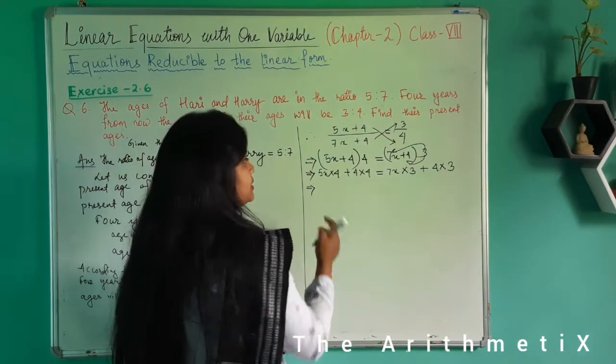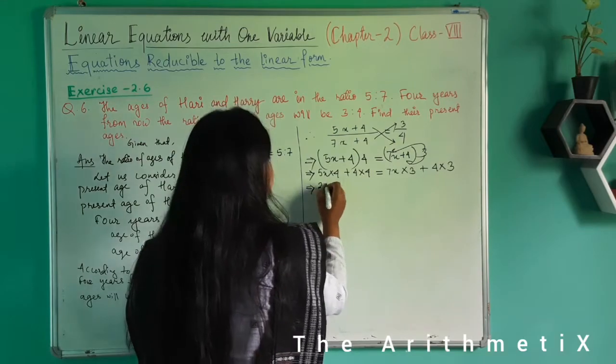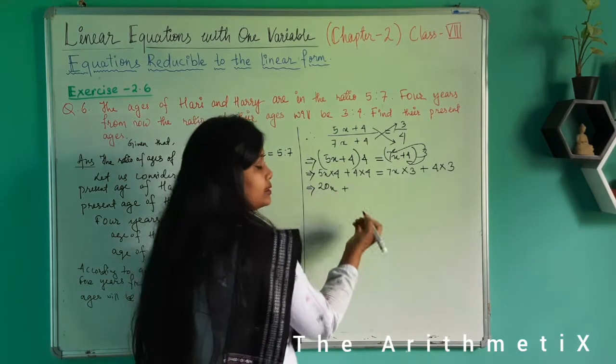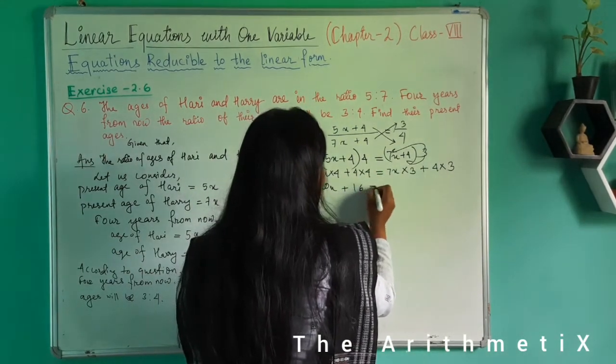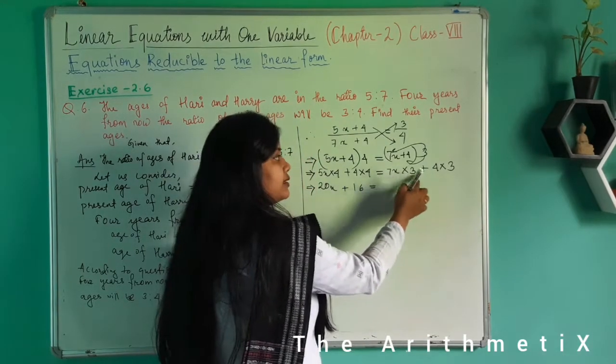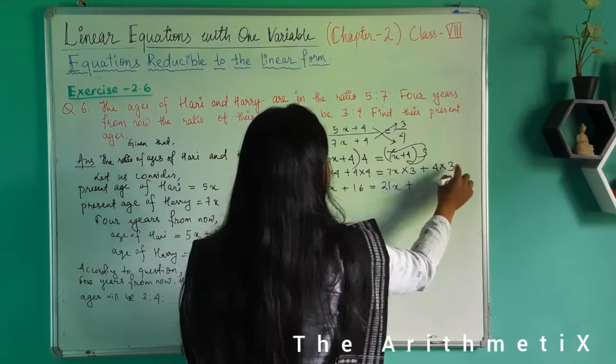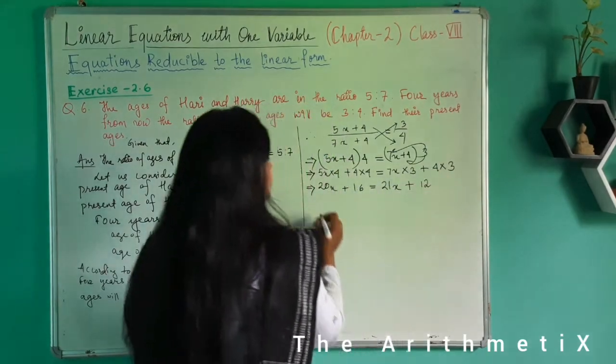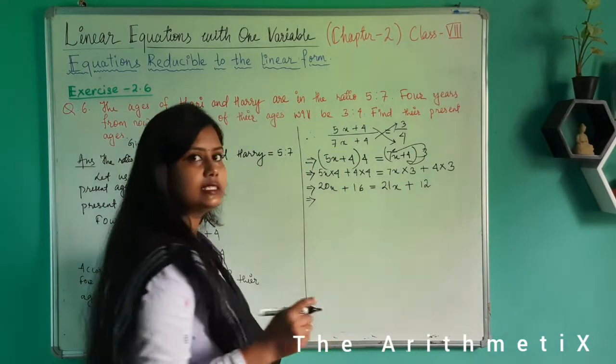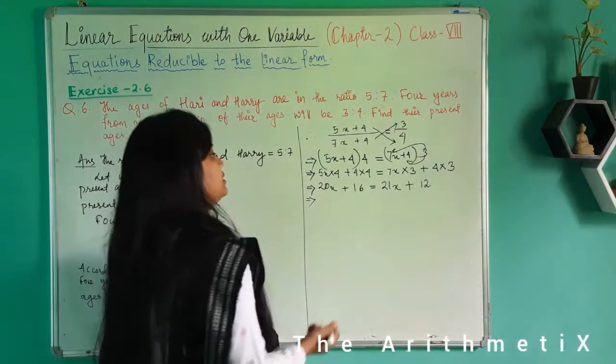This implies 5 4s are 20, this is 20x plus 4 4s are 16. This equals 7 3s are 21, 21x plus 4 3s are 12. We have already solved this type of equations in previous questions.